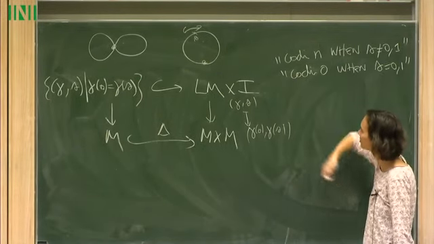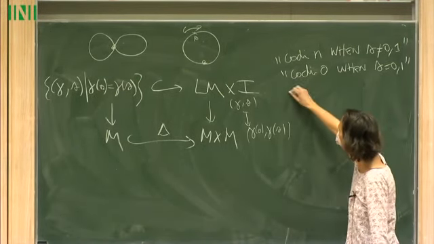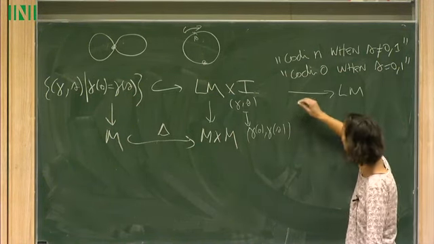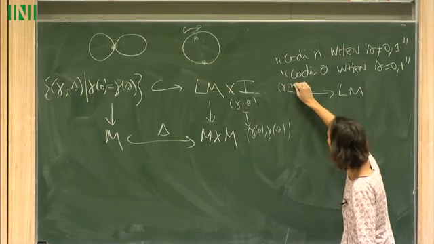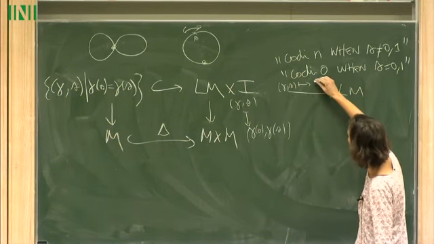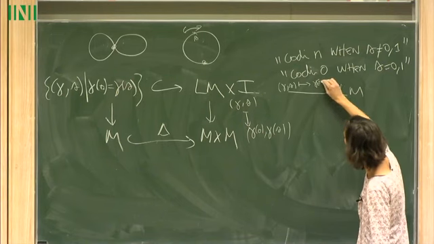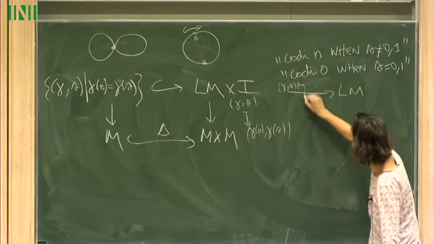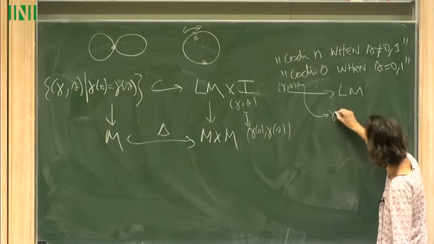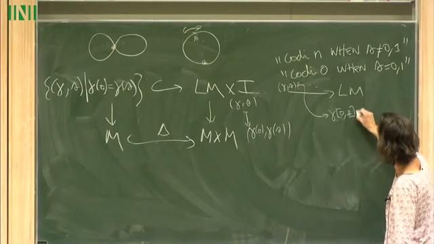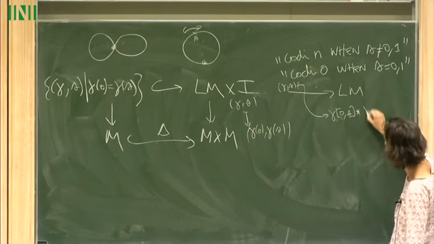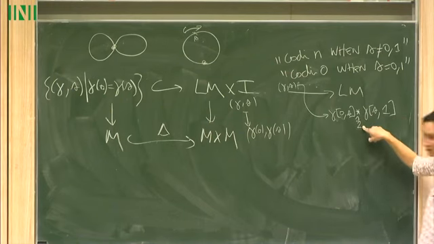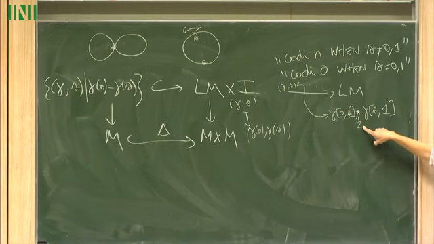You replace Lm cross I by Lm, with a map that takes gamma S to: you take your loop as it is from 0 to S, and then you concatenate it with itself from S to 1, but you reparameterize so that this happens at time 1/2.